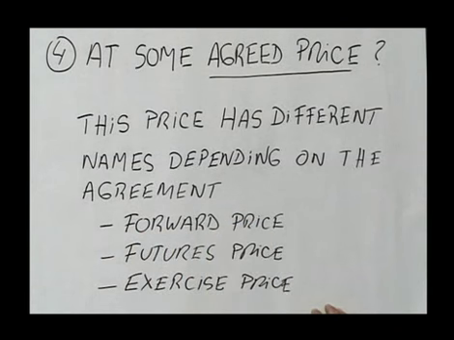If we're talking about a futures contract, the agreed upon price is called the futures price. And if we're talking about an option contract, the agreed upon price is called the exercise price.